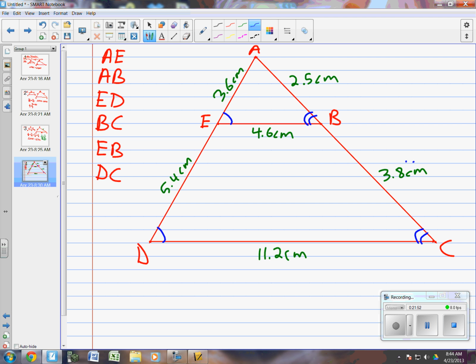Let's do AE over, what side does AE correspond to? AD on the big triangle. Does everybody see that? And that's equal to what? AB over what? AC. And that's equal to what? This is the important one. This is the last one that confuses people.